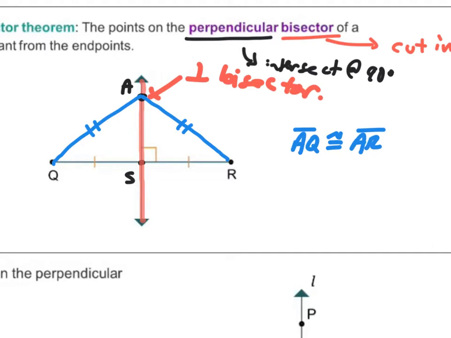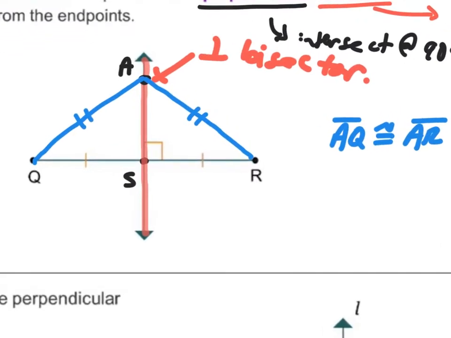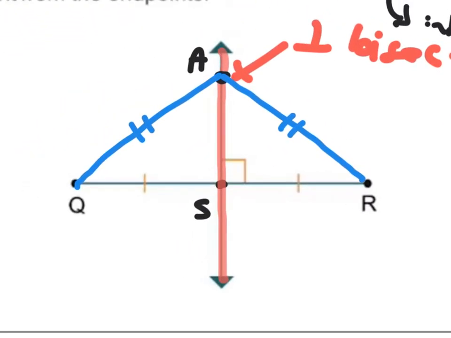So any point along this perpendicular bisector would be congruent to its endpoints. I could even do another point, and we'll put this point on here, we'll call this point B, okay? And if I were to do the same thing and say, okay, well, what about BQ and BR? Okay, these would also be congruent, okay?